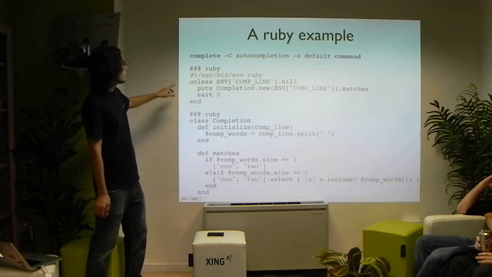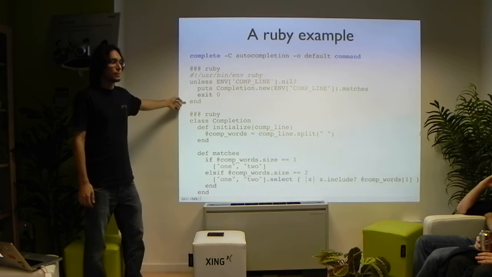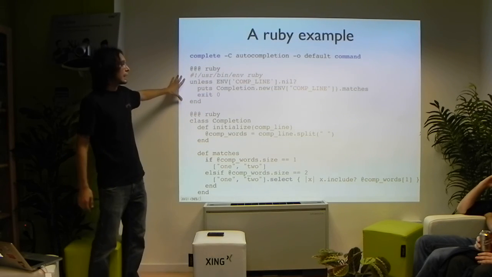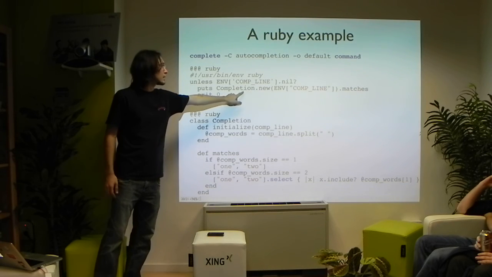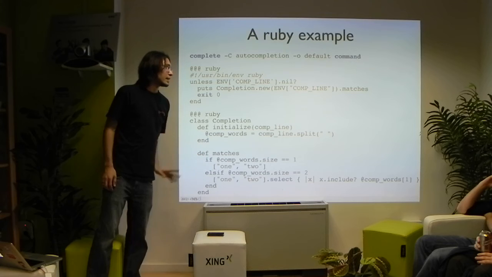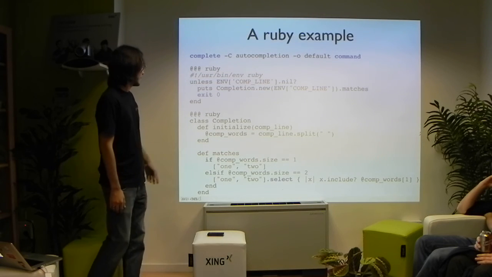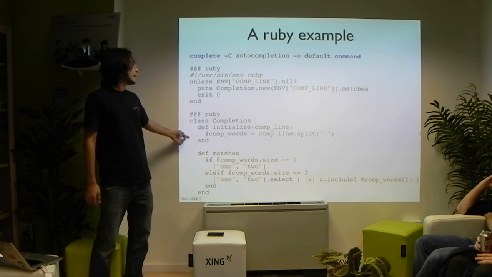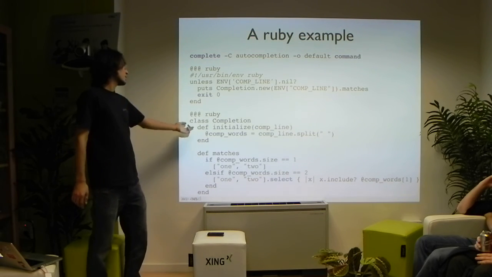And so the first thing that we do is, okay, this will be my auto-completion command. So I can say complete with the name of this binary. I take this Ruby class, and then I pass the completion line. And in the completion line, I usually initialize it. It might be interesting to keep the whole line, or just split it by words.